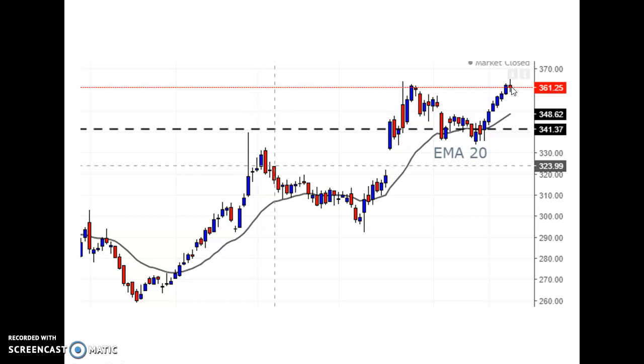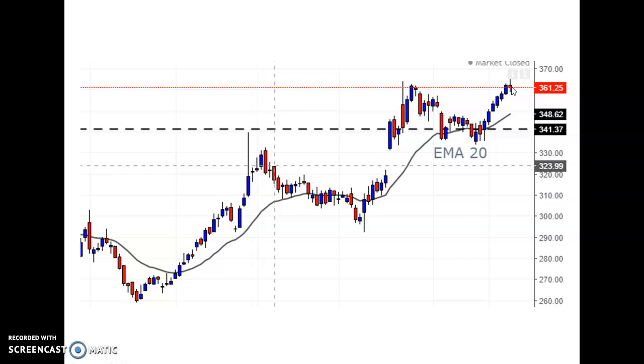Before that, I would like to briefly explain the moving average. A moving average allows you to visualize the price action of a financial instrument over a period of time. It is widely used in technical analysis and referred to as a lagging indicator, and it's based on historical price. The two commonly used averages in the market are the simple moving average and the exponential moving average.